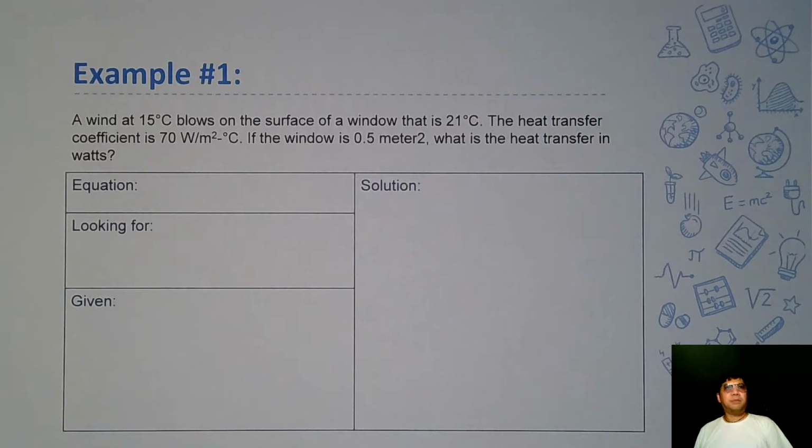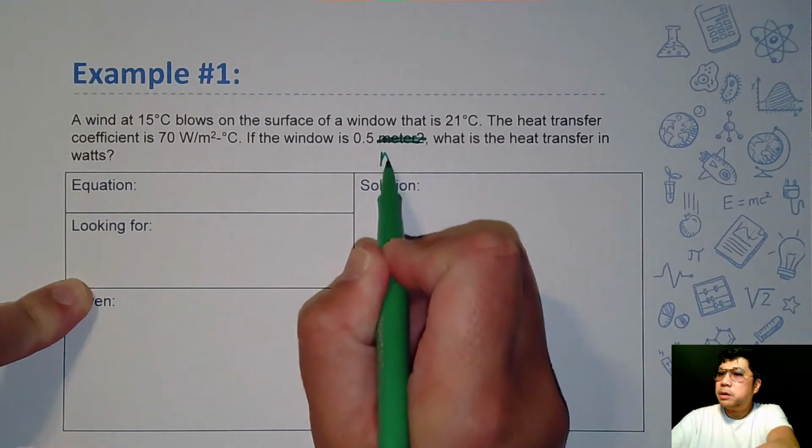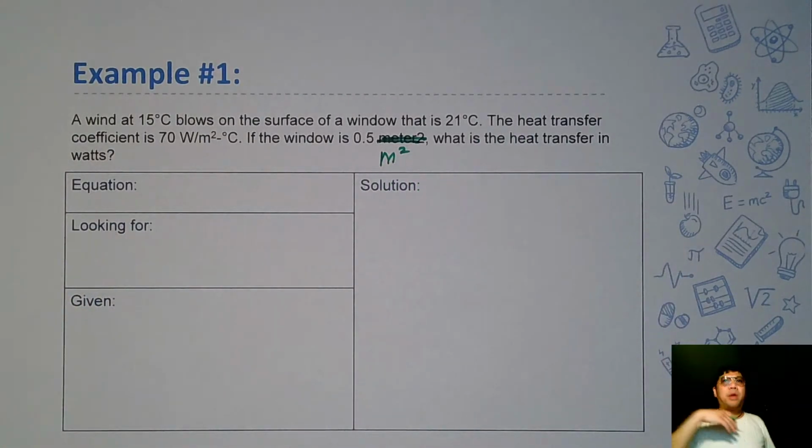The heat transfer coefficient is 70 watts per square meter degree Celsius. If the window is 0.5 square meter, sorry, there's a typo over here. This should be written as the square meter or the area of the window. What is the heat transfer in watts?